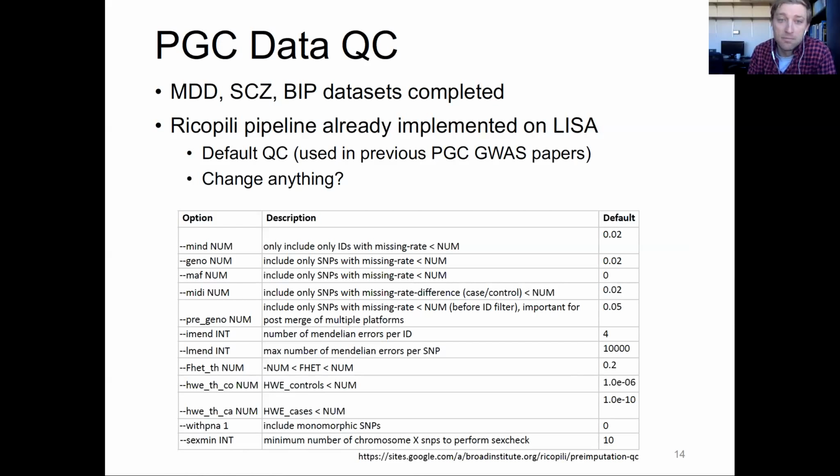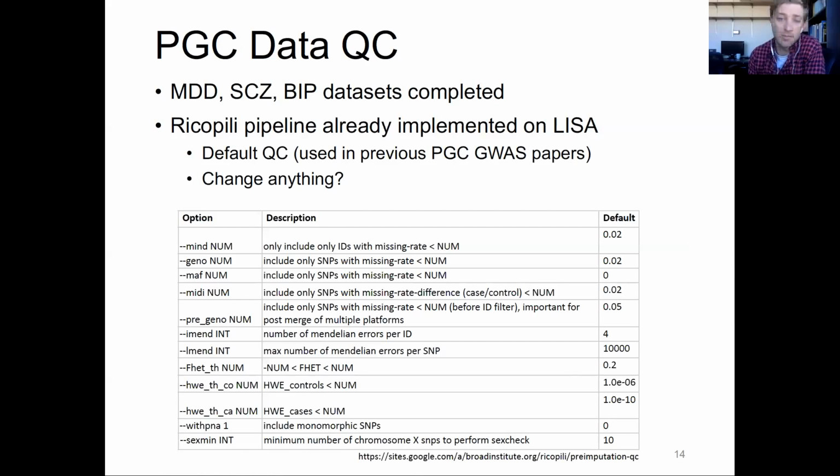Let me know if you see real differences, because for some data sets we made the threshold stricter, or did some additional filtering, but it should never be less than what you see on this list. So I would be very surprised if you apply these filters and still see any individuals or SNPs dropping out. But let me know if I'm wrong here. Okay, yeah, I can go back and look, but I imagine not.